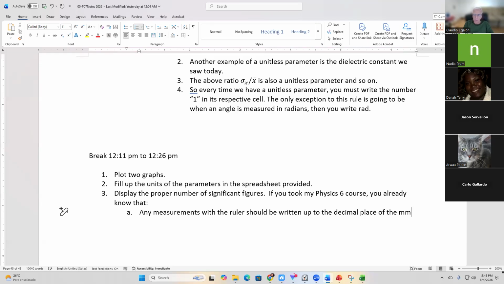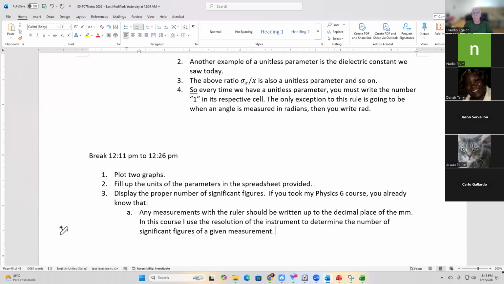Here in this course, I use the resolution of the instrument to determine the number of significant figures of a given measurement.